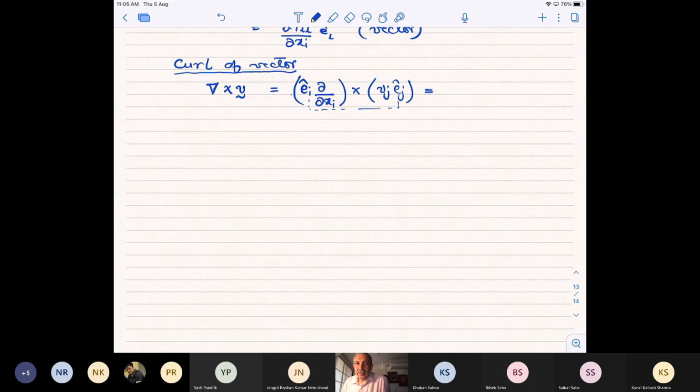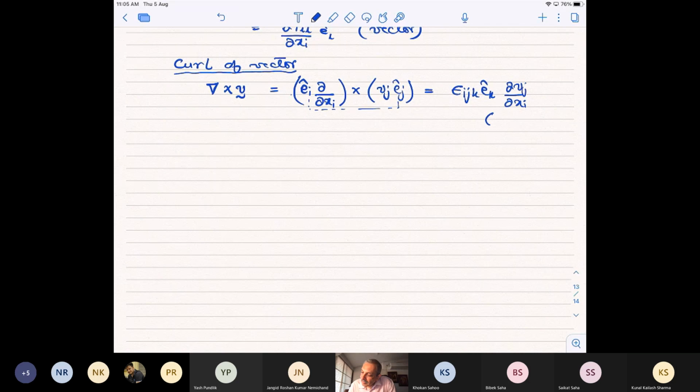So when you do e_i cross e_j, the cross product gives us epsilon_ijk e_k. That's the alternating unit tensor times e_k. This is the definition of the cross product. And then you take del V_j by del x_i. So this is your curl.